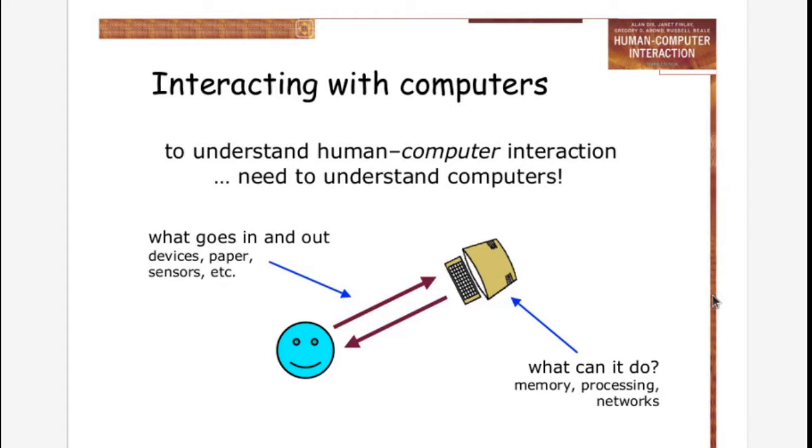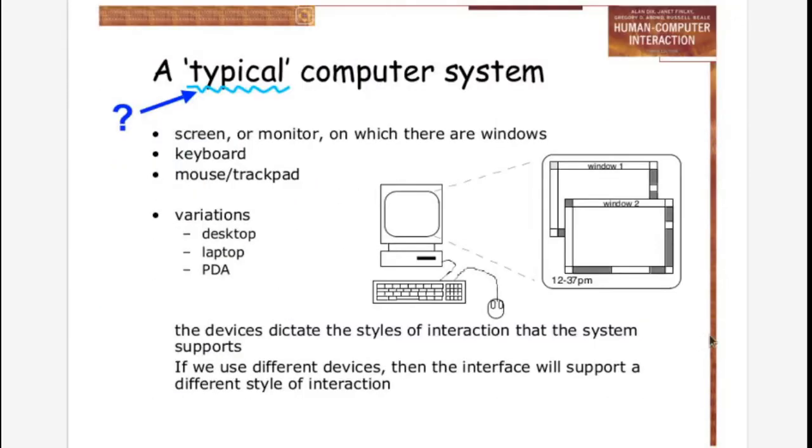So here, when we are going to look at the computers, we are going to understand what goes in and out and what it can do. So we can store data, we can process the data, and we can send and receive that data by the network. The next one, a typical computer system, as you know. What is typical?